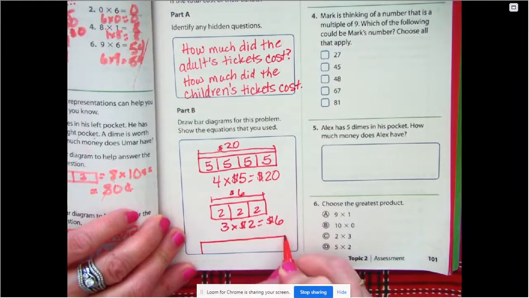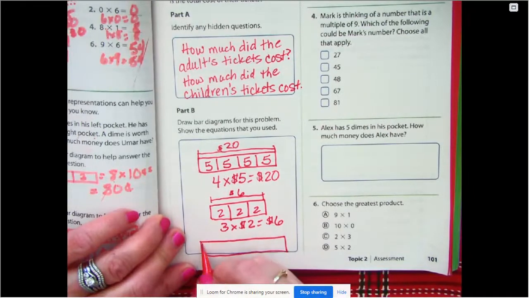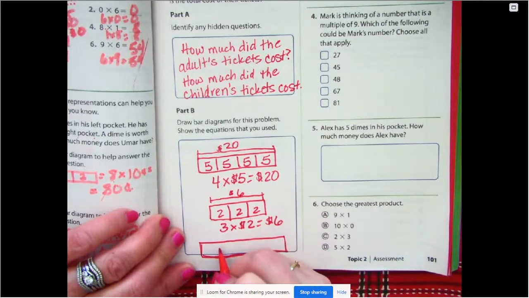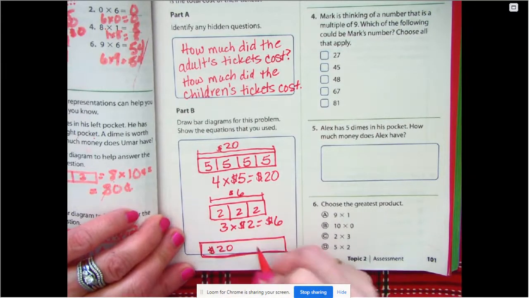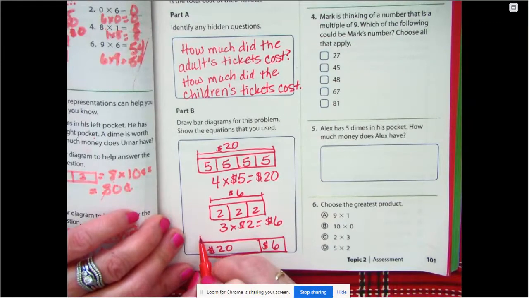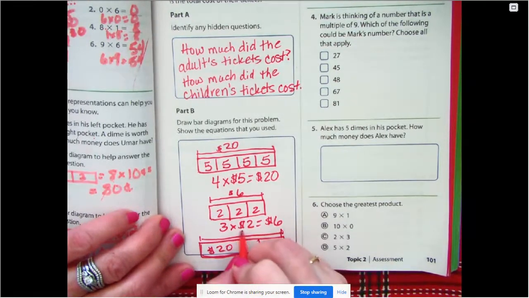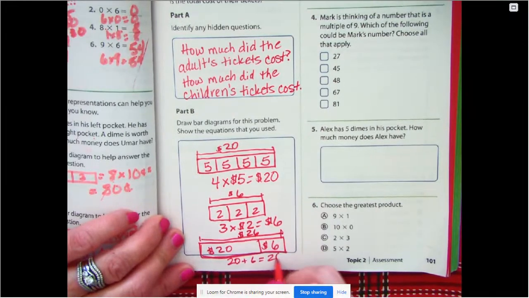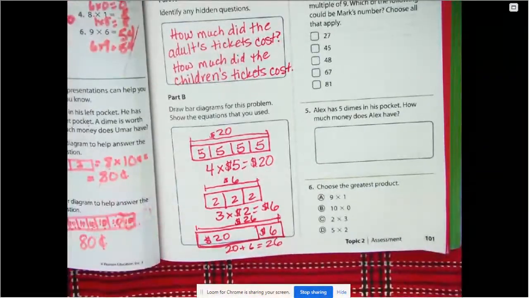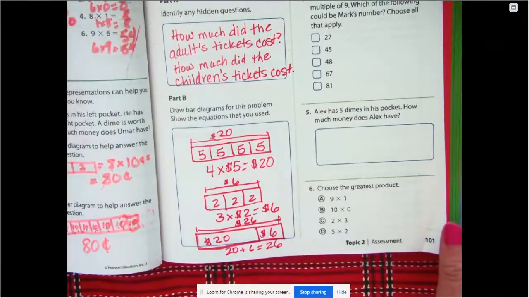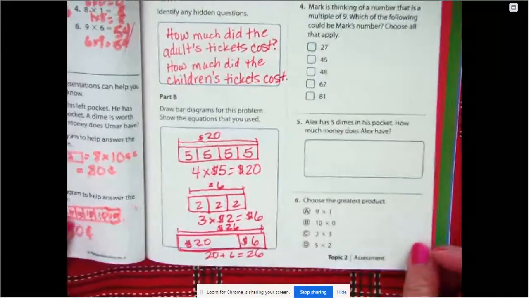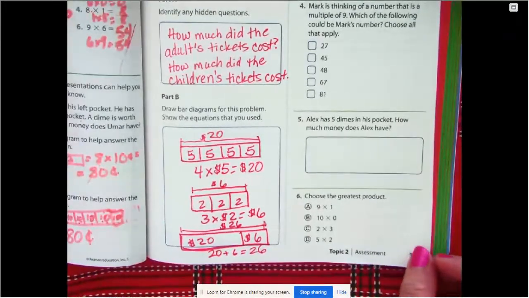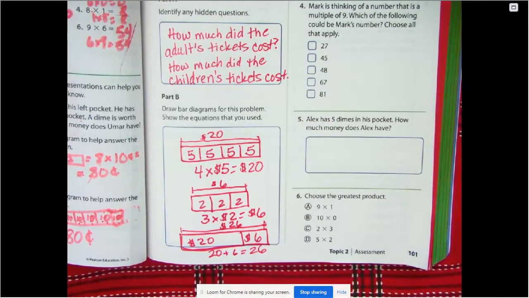Our next bar diagram is going to show that we have $20 for the adults and $6 for the kids. So how much does that cost all together? $26. 20 plus 6 equals 26. That's a lot to write, so go ahead and push pause so that you have time to get it all written down. Then you can unpause it and we'll be ready to go to number 3. So go ahead and pause in 1, 2, 3, pause.